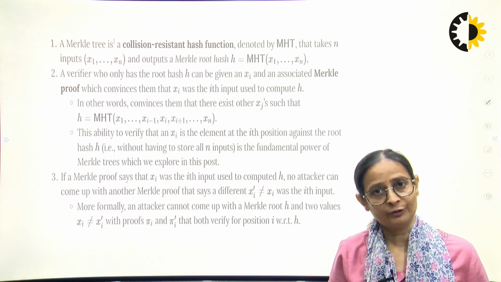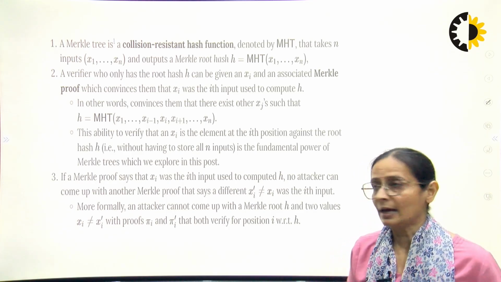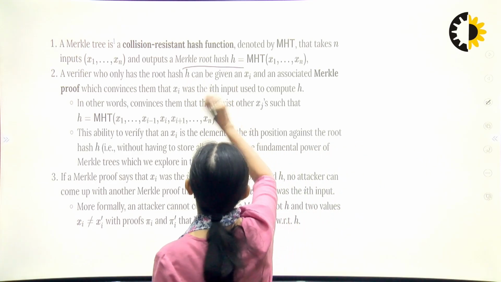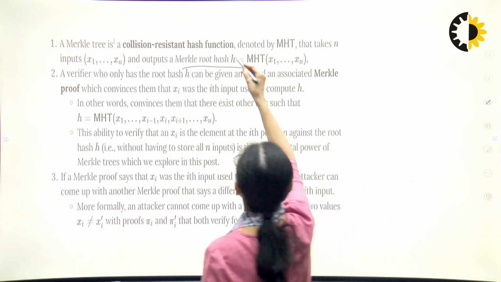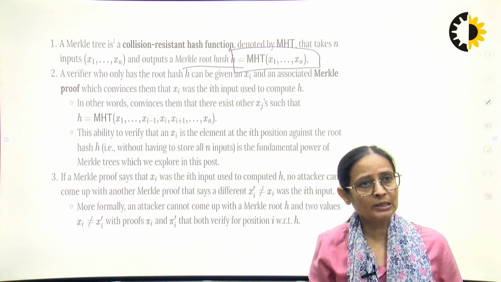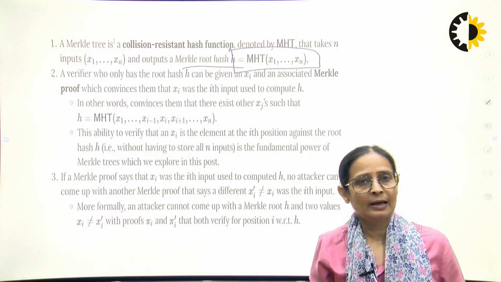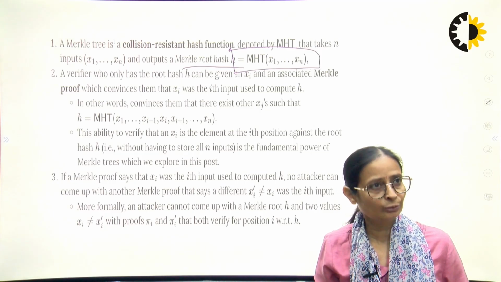And finally, we get a single value which we call the Merkle root hash, which is denoted by H. So what is H? Basically, we pass some inputs to MHT and our output is a single hash value, which is my Merkle root.